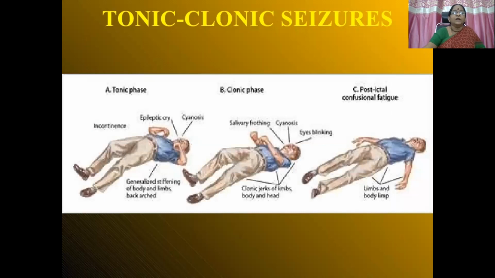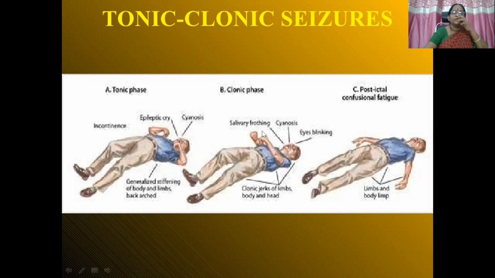Here you can see tonic phase, generalized stiffening of body and limbs, back arch like this, the patient will be like this, and then cyanosis, incontinence, epileptic cry, you can see in the patient. And clonic phase, this is like clonic jerks of limbs, body and head, different parts of the body.